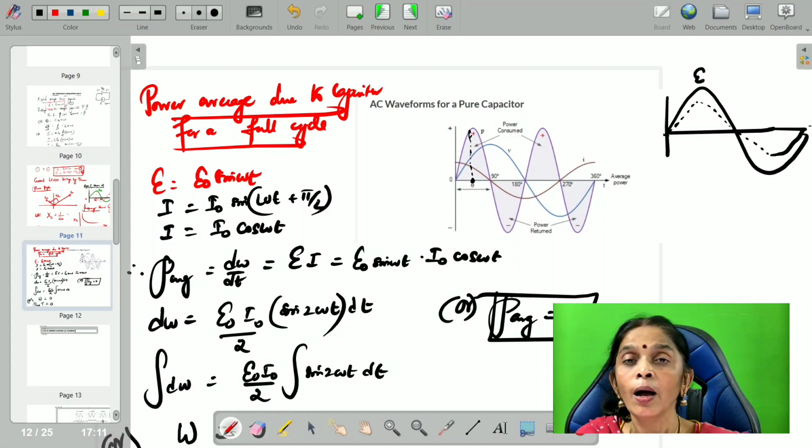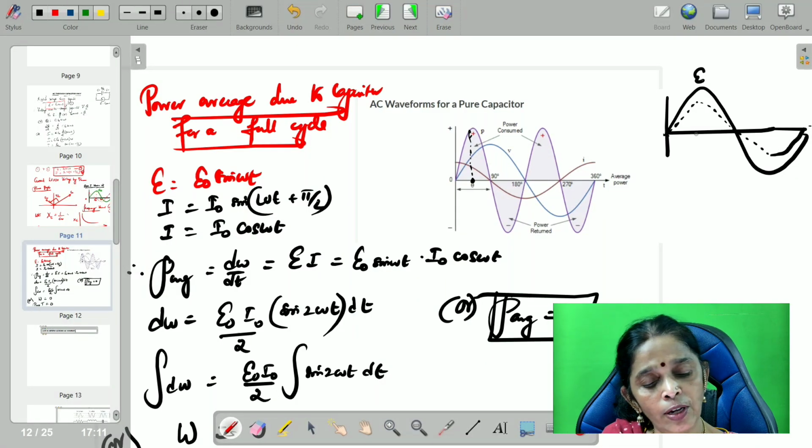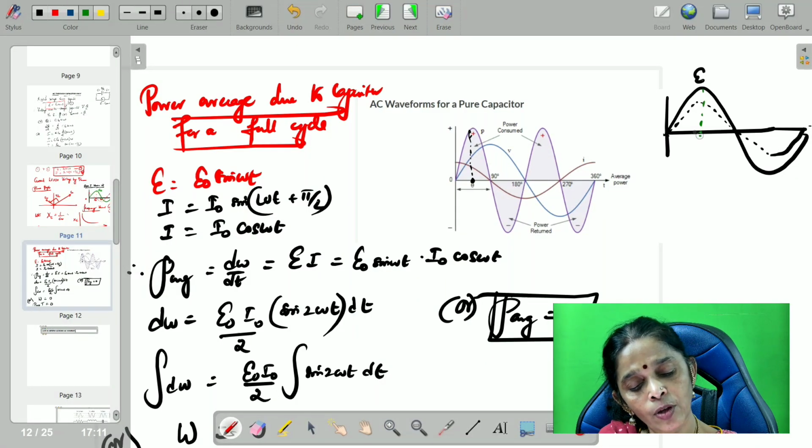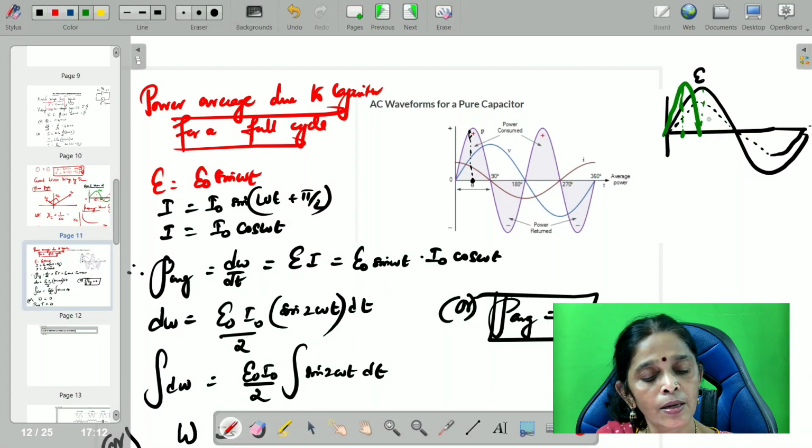But then power is always positive here. So therefore, exactly, this is 90 degree, upper this is 45 degree. So the power will be positive at 45 degree. Again, this is 0, this is 90 degree, and this is 180 degree. Like that.